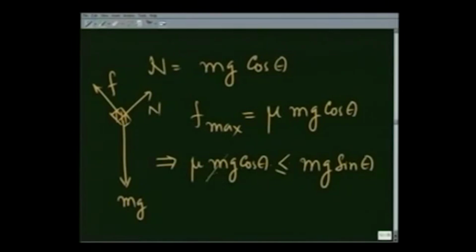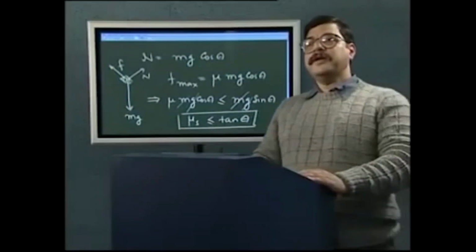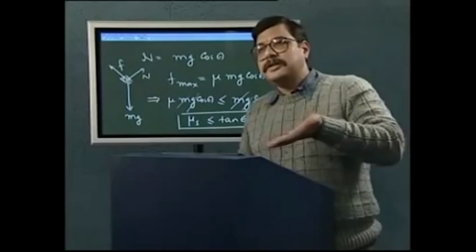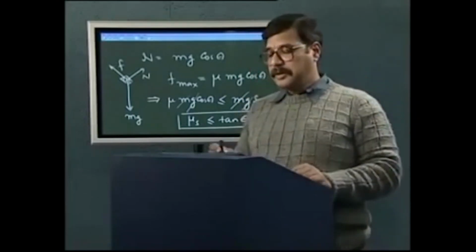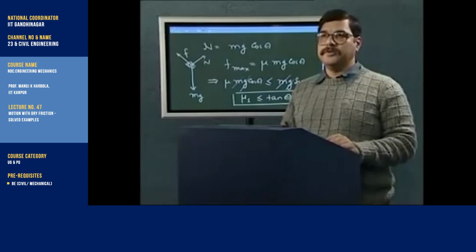Let me cancel m, let me cancel g, and therefore when mu s is less than tangent of theta, the body will start sliding down. So you take a plane, keep tilting it until the body just starts sliding down, and the tangent of that angle would give you an estimate of the static coefficient of friction. That is a practical way of quickly estimating the coefficient of static friction.